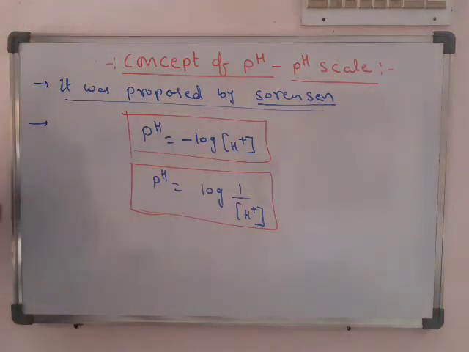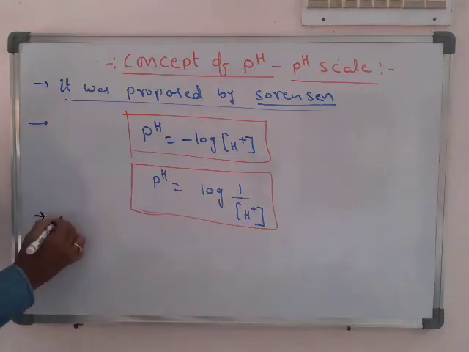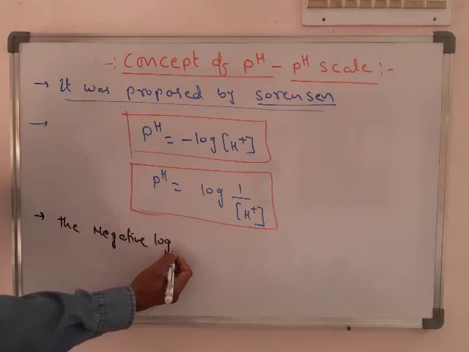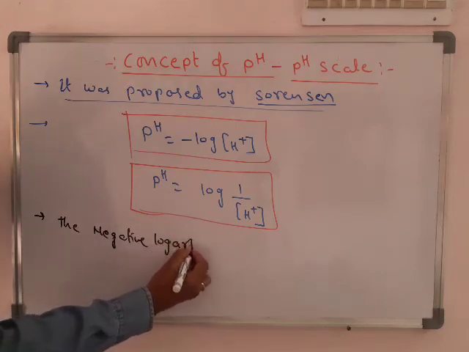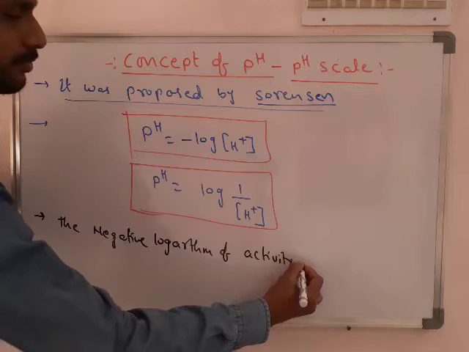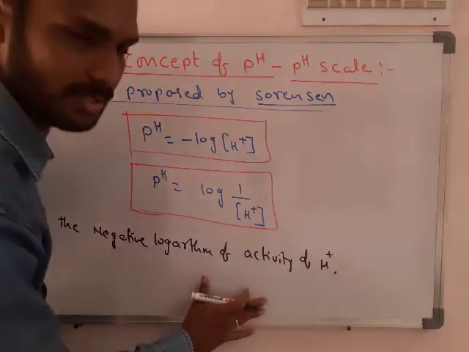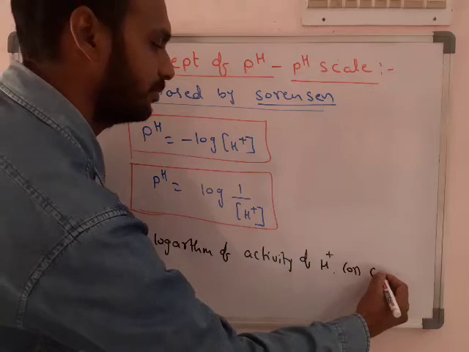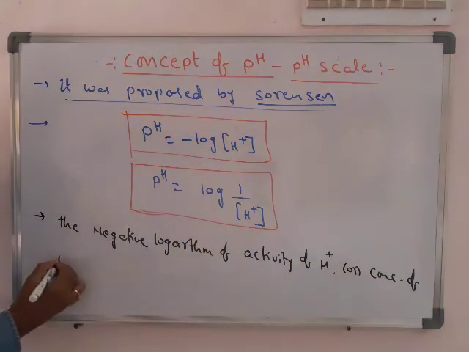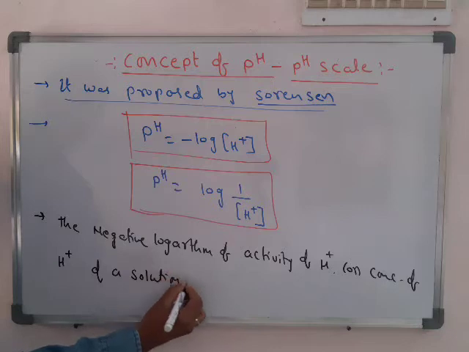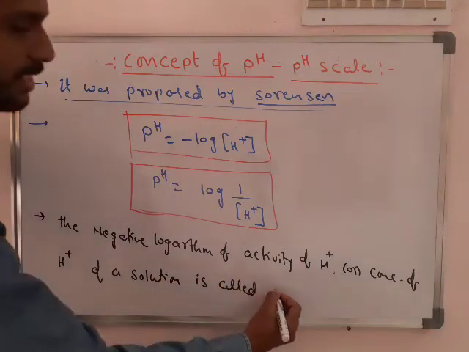Okay, means here we can write the definition. The negative logarithm of the activity of H+ was the original definition, but now we have changed it to the negative logarithm of the concentration of H+ of a solution, which is called its pH.